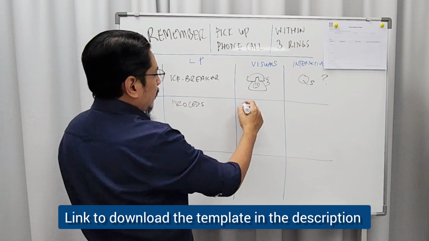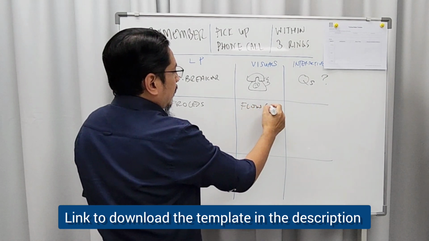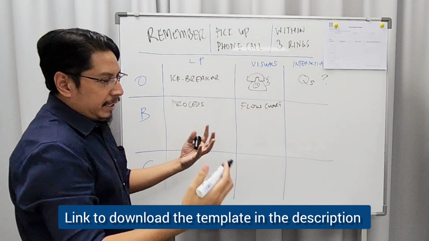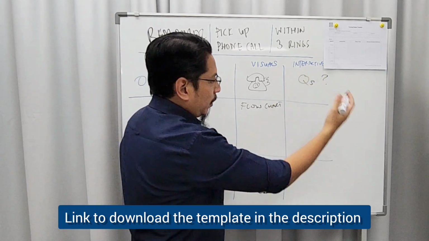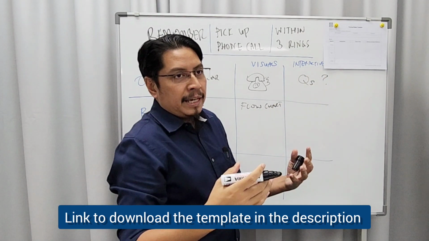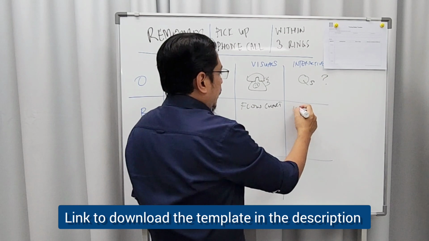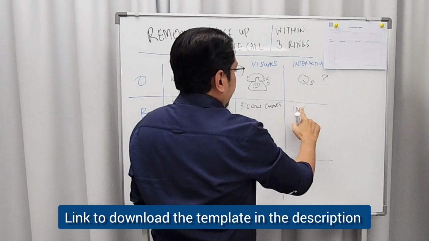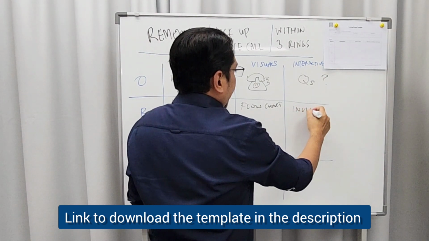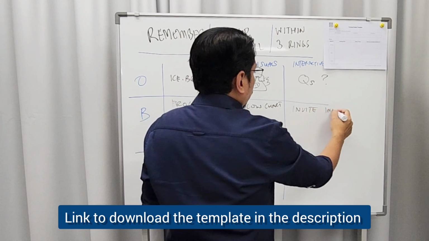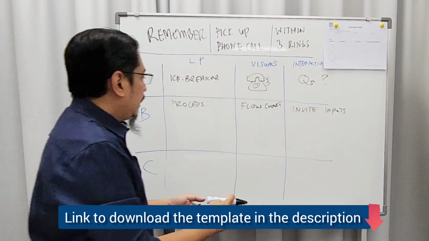What would I like to show? Maybe a flowchart. How do I get it to be interactive? Apart from asking questions, maybe I can invite participants to give inputs on this.